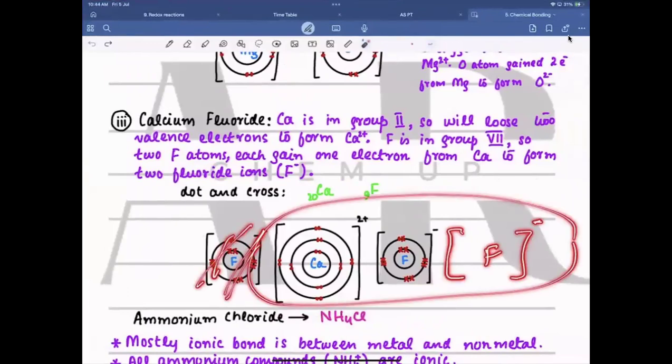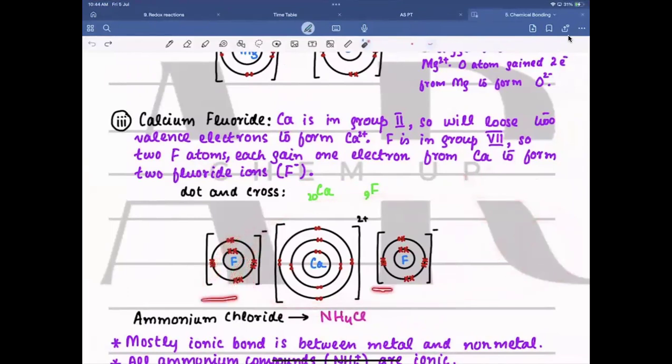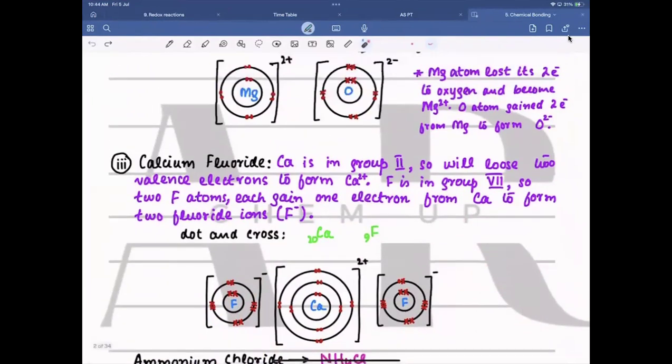If you do it this way, it is marked as wrong, because both fluoride ions have a negative charge, right? Yes, sir. So they are going to repel each other. So they are not going to be adjacent to each other. Is this understandable? Okay. Yes, sir.